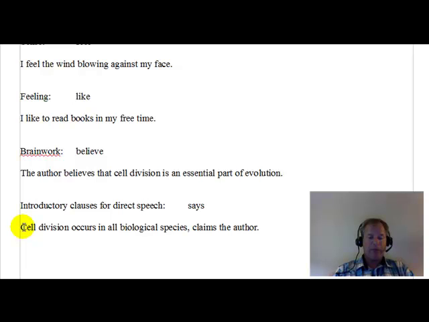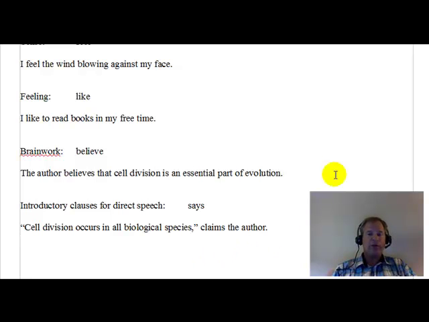In this case, if I'm directly reporting, this is what I call a direct quote. You might say this. Again, I think the simple present works very well here. Cell division occurs in all biological species, claims the author.